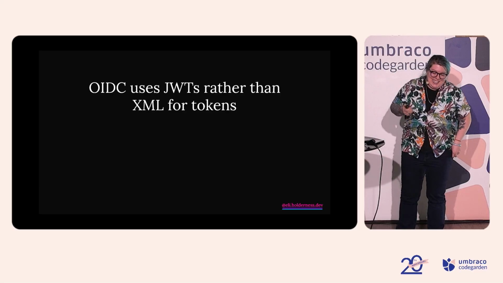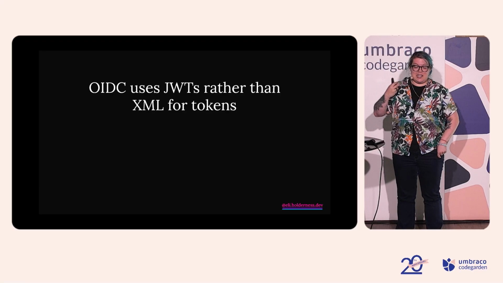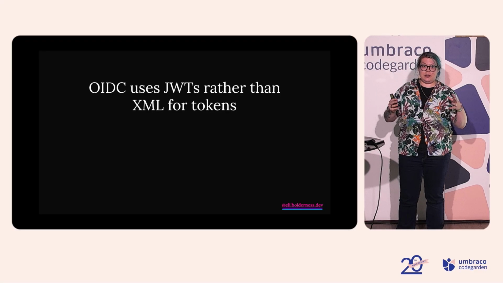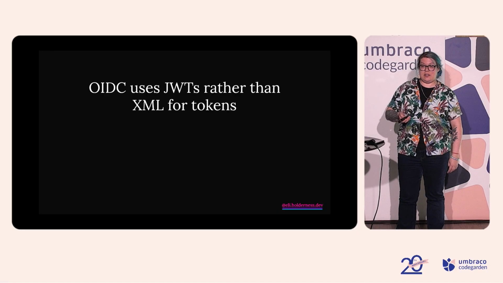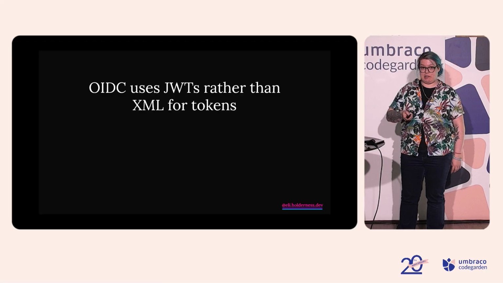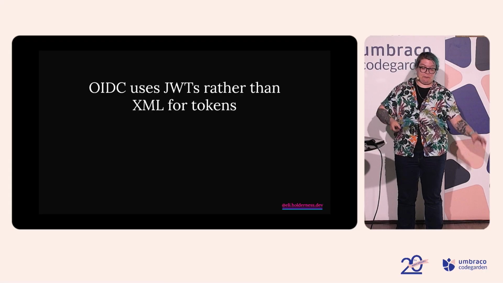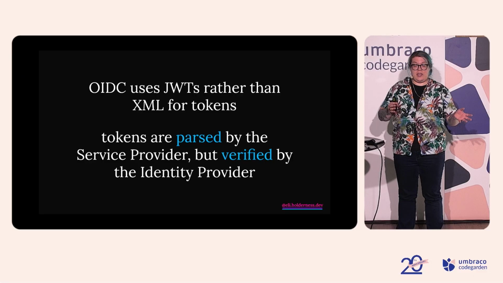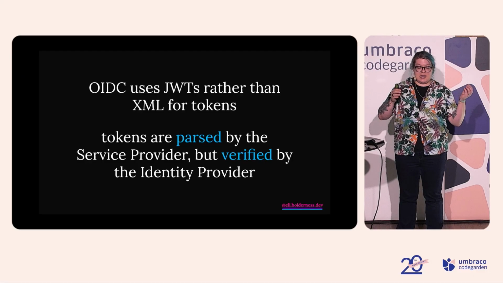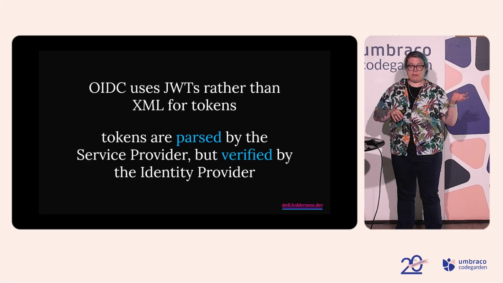I should update that. So OpenID Connect, instead of using XML as its sort of language, it uses JSON Web Tokens. These do have standard formats, and they are much easier to generate cryptographic signatures over. So that canonicalization problem basically goes away. Also, in this scenario, tokens are parsed by the service provider.